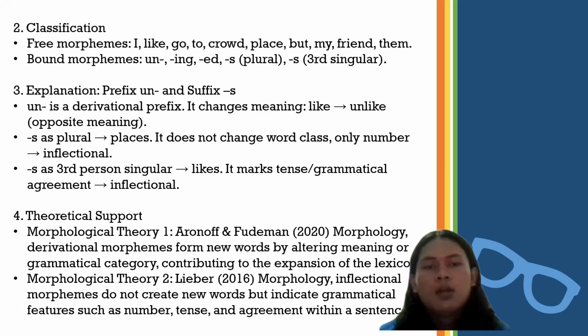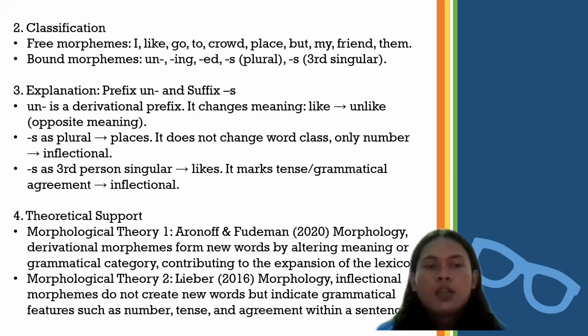It doesn't change word class. Only number, so it is inflectional. And the last s is third person singular, like to likes. It marks tense or grammatical agreement, so it is inflectional.